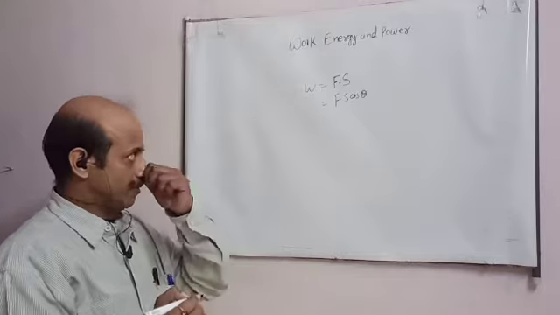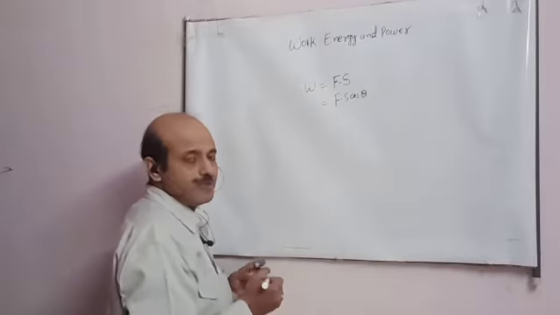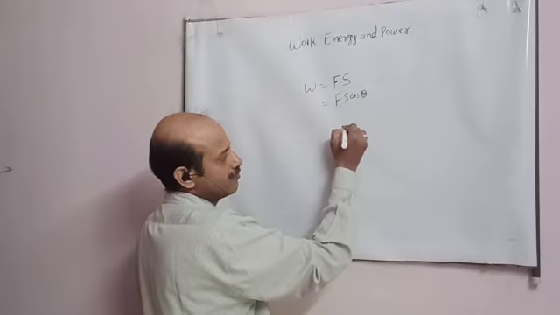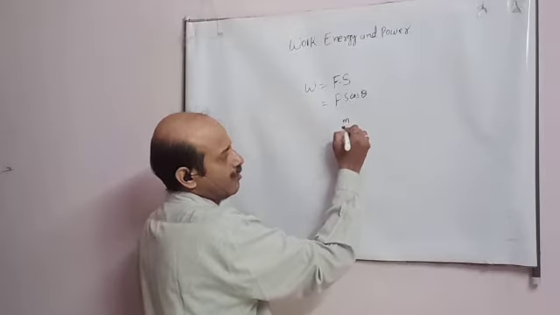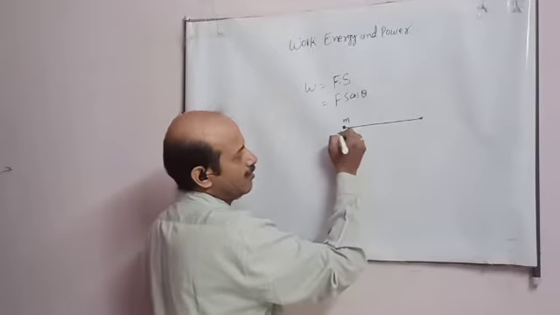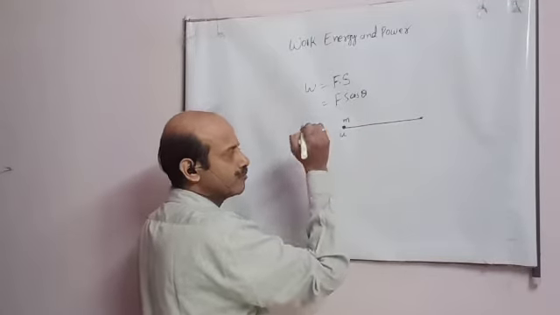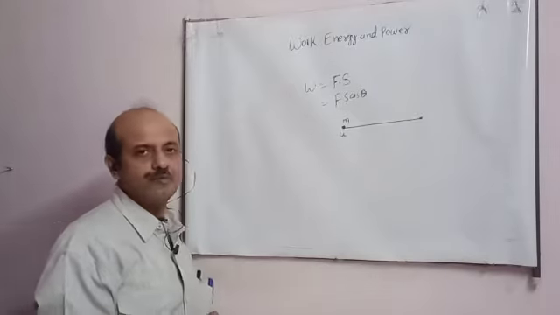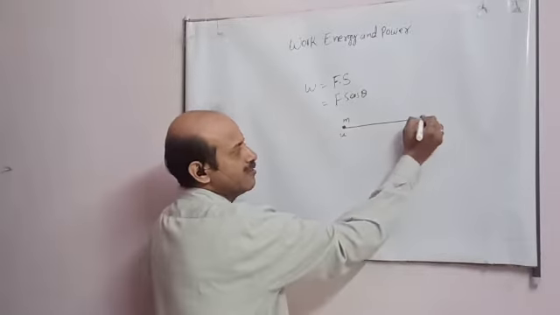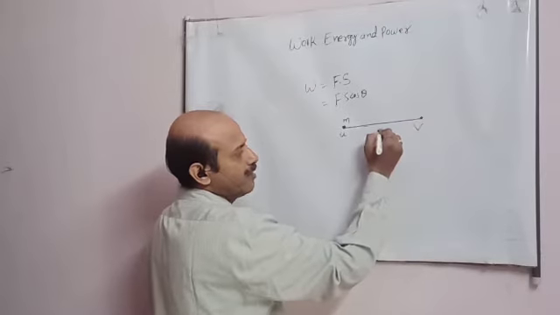Now, students, suppose there is an object of mass m. It is moving with a certain velocity u. Due to the application of a force, the velocity becomes v after a time t seconds.